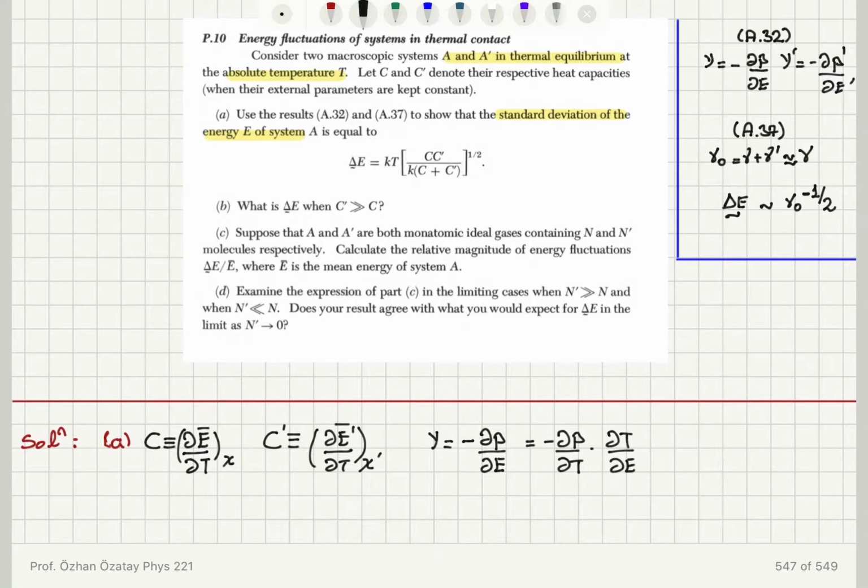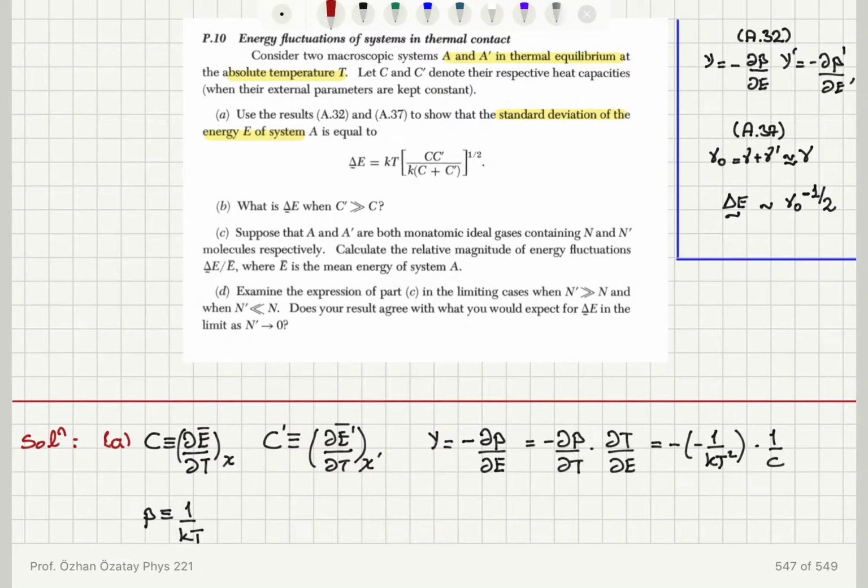If you do this at the most probable energy, this would be del T del E bar at that point. Because del E del T is C, this would be 1/C, and on the other hand, beta is defined as 1/kT. So the derivative of beta is minus 1/kT square, and then del T del E is 1/C.